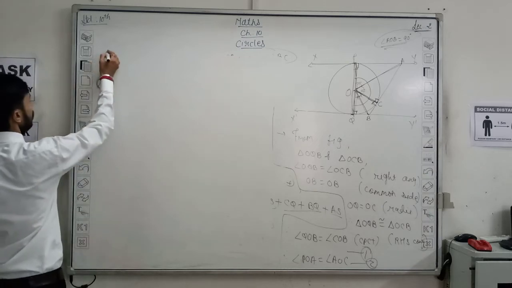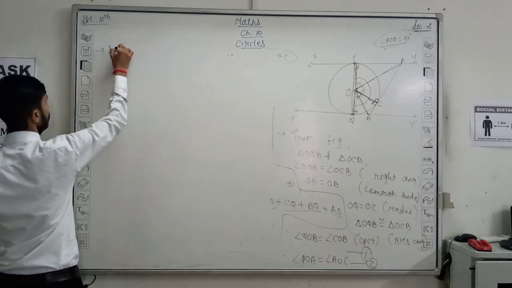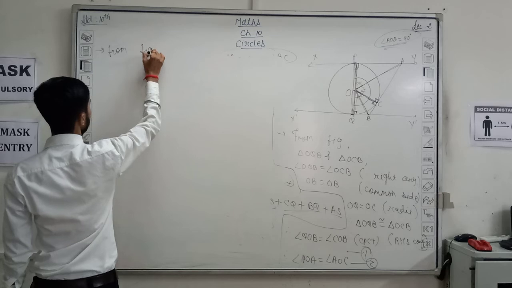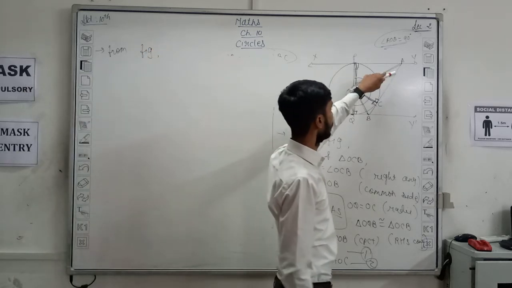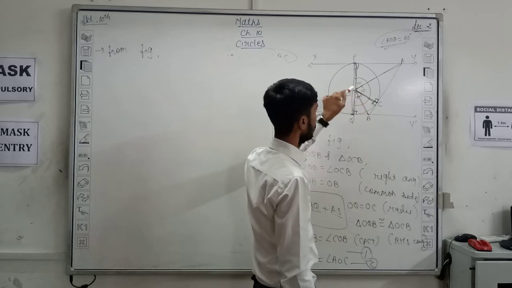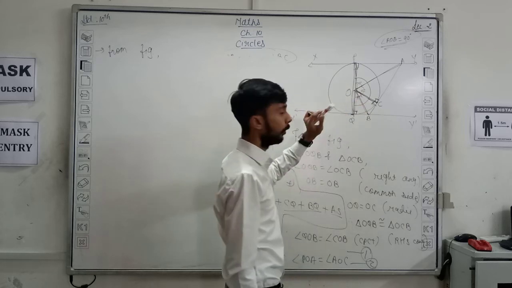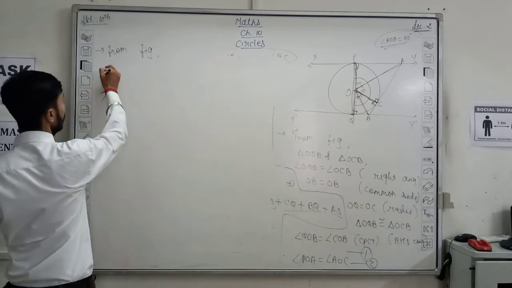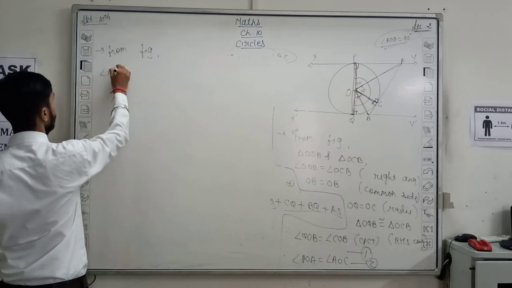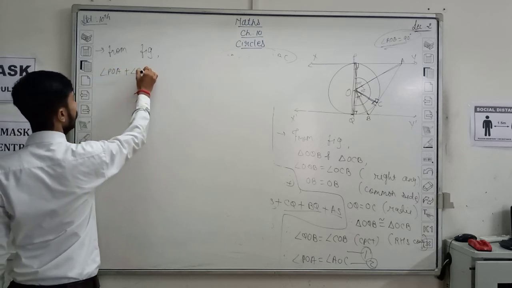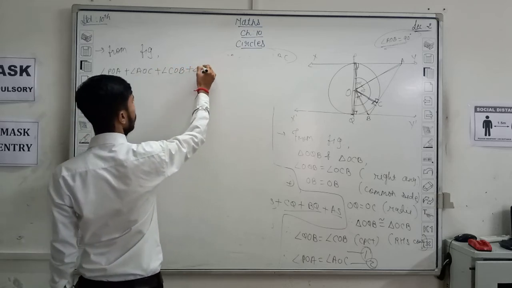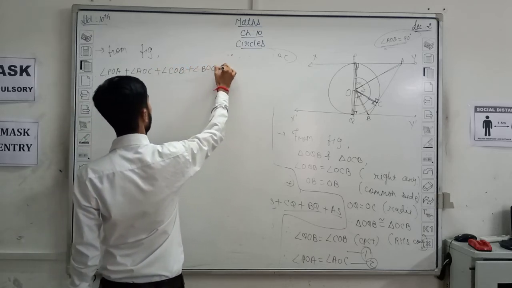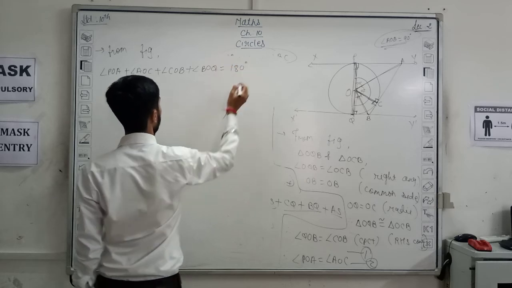So now from figure, angle POA plus angle AOC plus angle COB plus angle BOQ equals to 180 degrees.